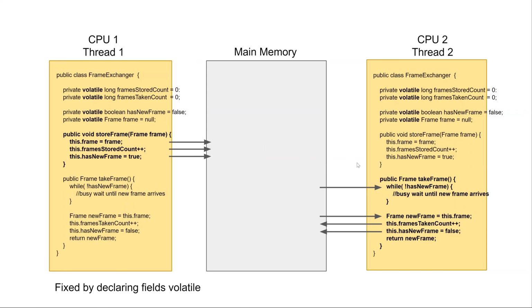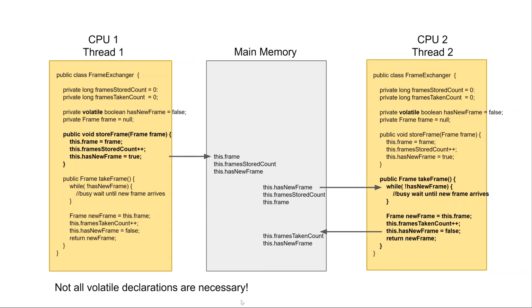And similarly, whenever a volatile field is read, the value of the field is read directly from main memory. This way, the changes written to these fields by one thread will be visible in main memory and will be read by the thread reading the same fields, because they are read directly from main memory.